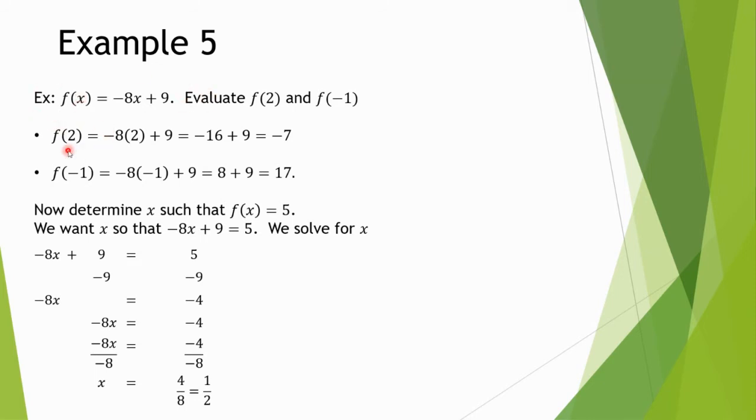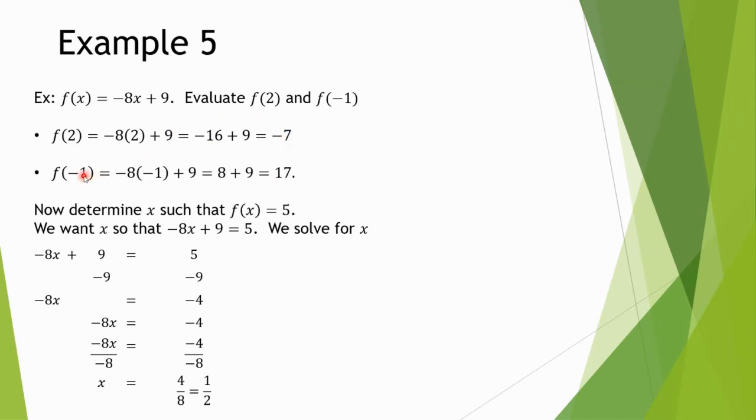We're going to replace x by 2, and we're going to get negative 8 times 2 plus 9. Negative 16 plus 9, which is negative 7. That's what's happening here. So if the input is 2, the output is negative 7.